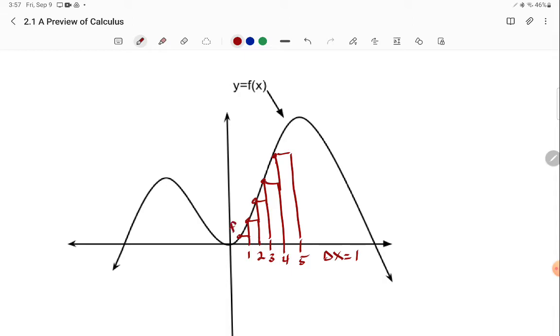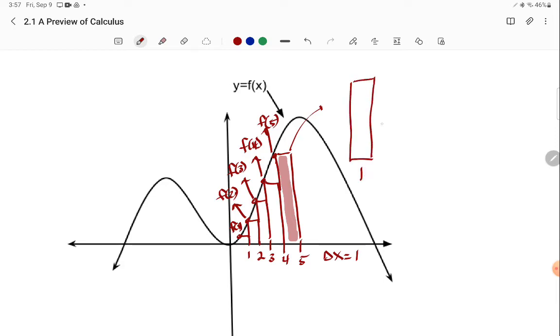So this is f of 1. This one would be f of 2. And that would be f of 3, f of 4, and so forth. That would be f of 5. Right, so let's say we want to find the area of this one right here. Okay, so if you look at this, this is 1.